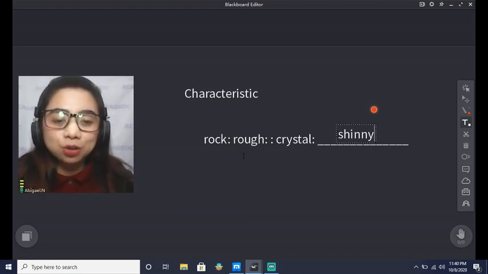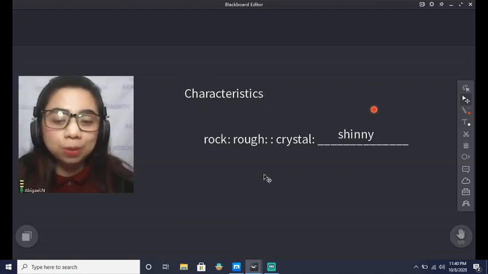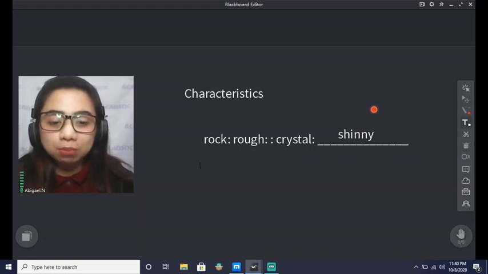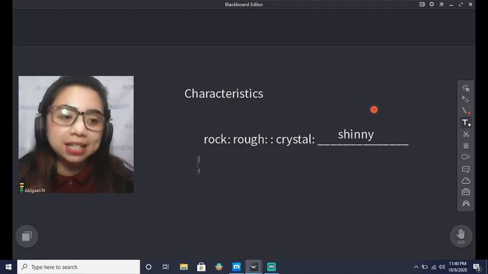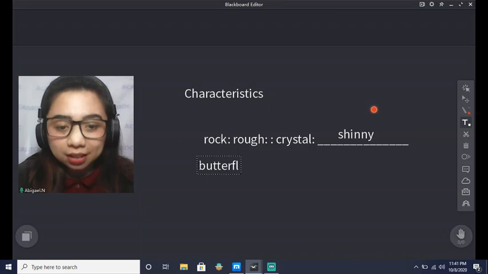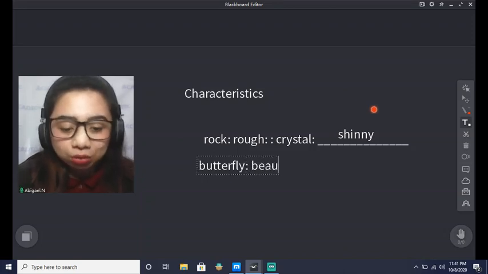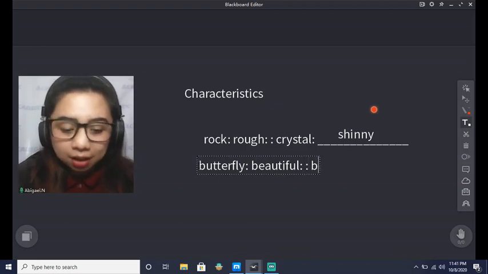In characteristics as a type of analogy, you can also think of people or animals. Let's try animals. Butterfly is to beautiful, of course, as bee is to busy, right?